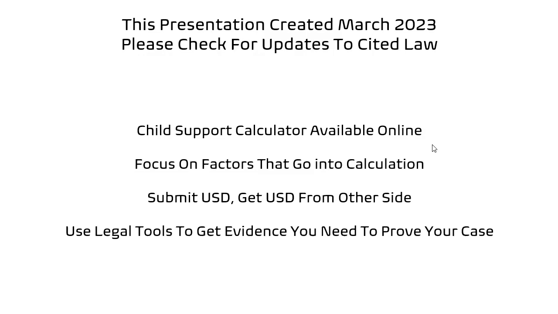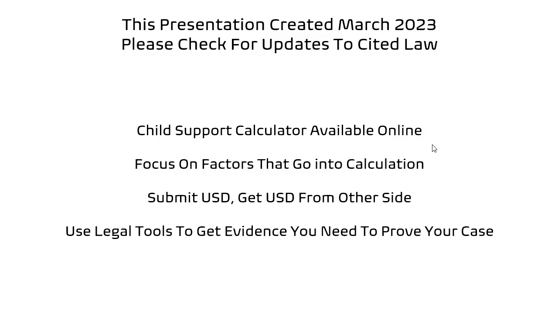And once you have your uniform support declaration all filled out, you file it with the court, you send it to the other side, and they're supposed to do the same thing too. If they don't, you can bring their USD to court. But the reason that you want to get a uniform support declaration from the other side is that that will tell you their position on all the factors. So if there's a dispute, you can get the evidence that you need to convince the judge that you're right.